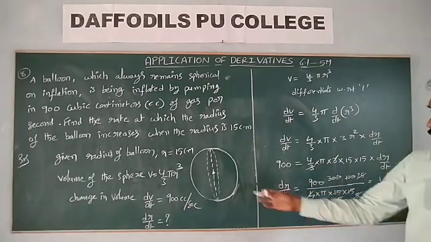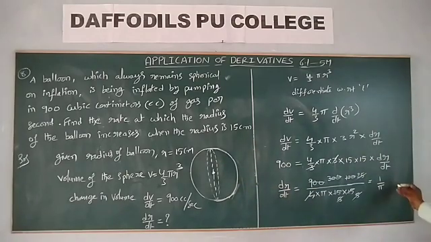So the change in radius is 1 by pi centimeter per second.